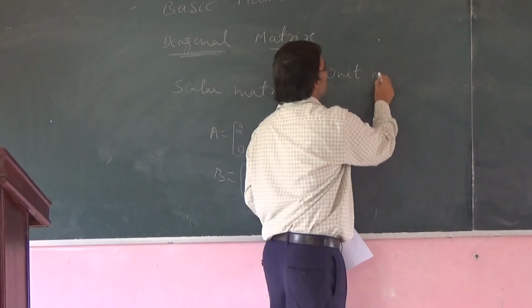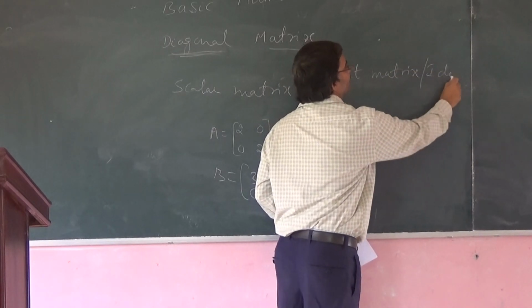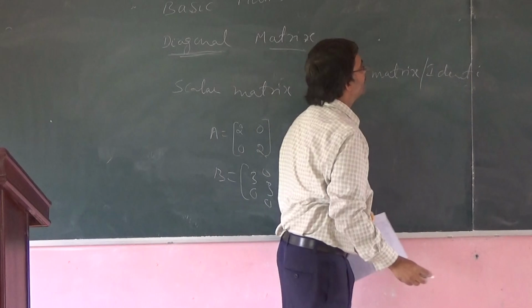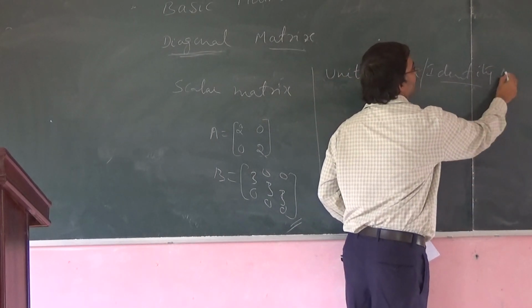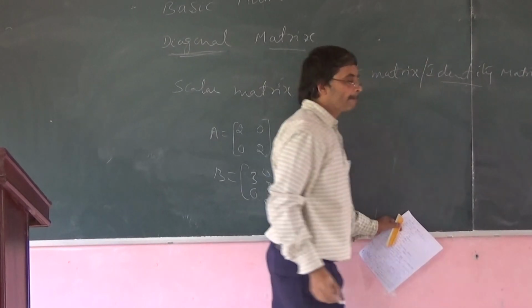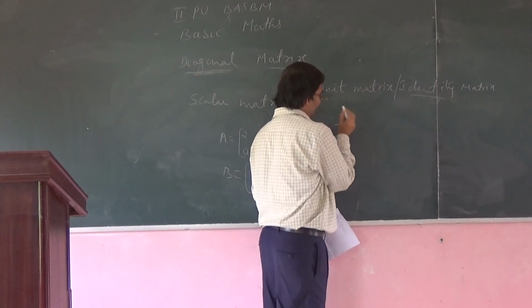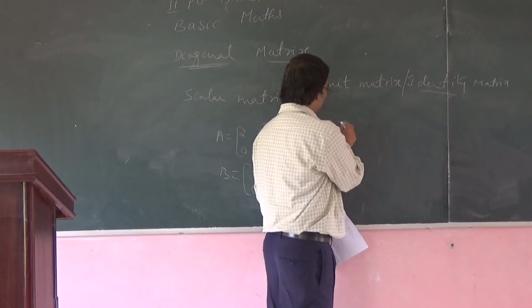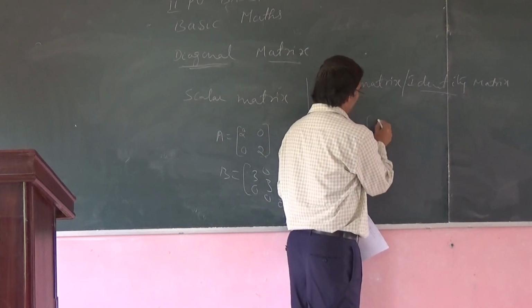Unit matrices are also called identity matrices. I will explain it with an example. I will denote the identity matrix generally by the capital letter I. So what is the identity matrix?